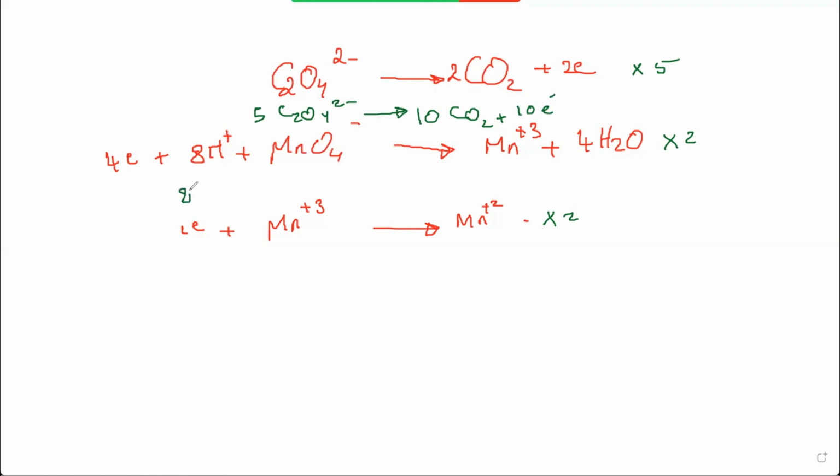So this will lead us to have 8 electrons plus 16 protons plus 2 MnO4 minus. This leads to 2 Mn3+ and 8 water molecules.